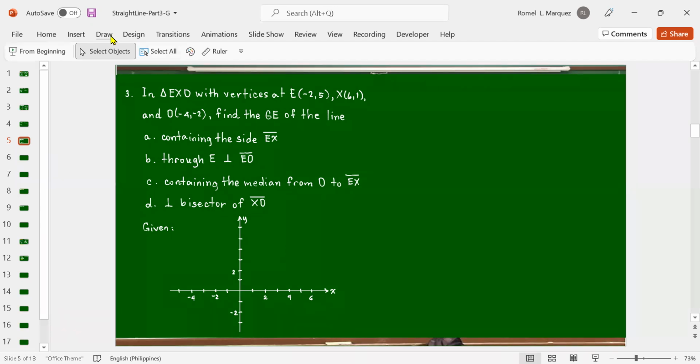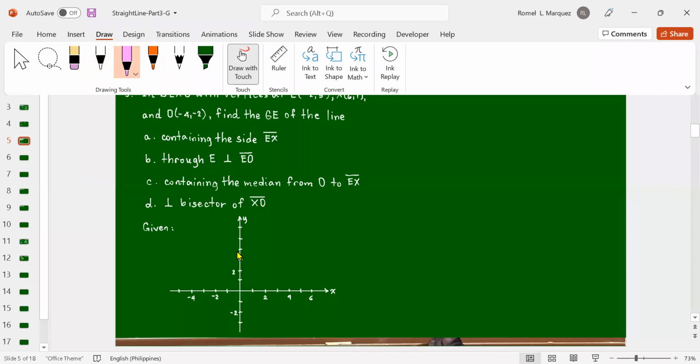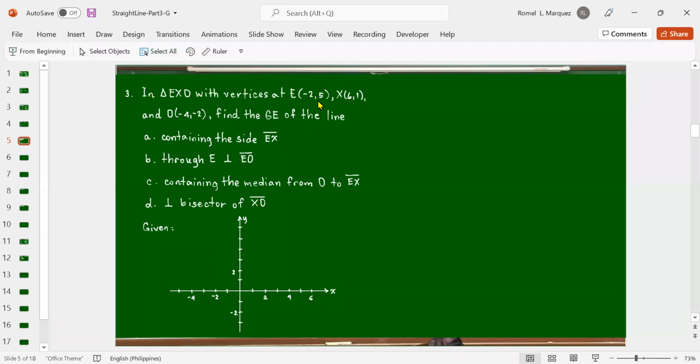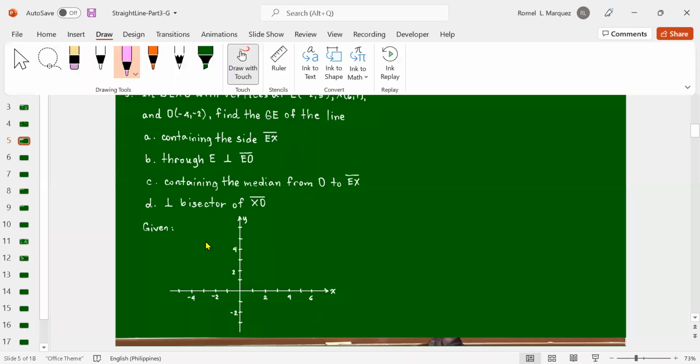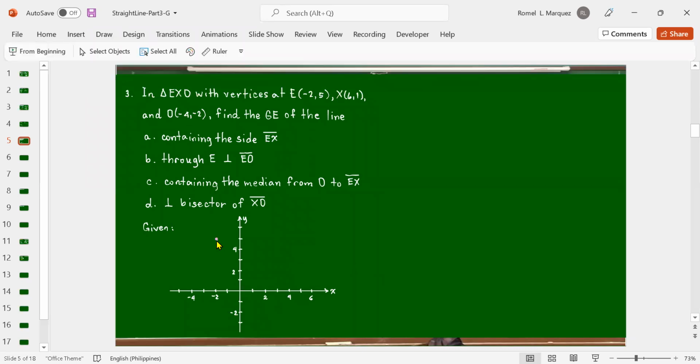Okay? So let's plot the points. Point E, negative 2, 5. This is 4, no? 2, 4. So negative 2, 5 is somewhere here. Then we have 6, 1. Okay. Then negative 4, negative 2.